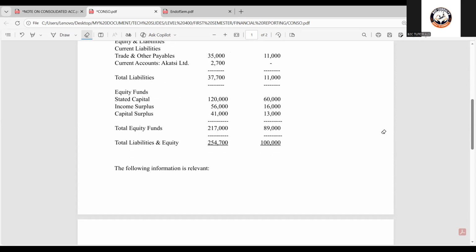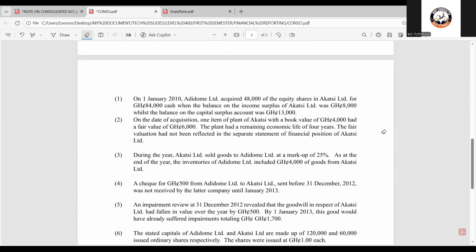The following information is relevant. Information number one, on 1st January 2010, Adidome Limited acquired 48,000 of the equity shares in Akachi Limited for 84,000 Ghana cedis, when the balance on the income surplus of Akachi Limited was 8,000, whilst the balance on the capital surplus account was 13,000.